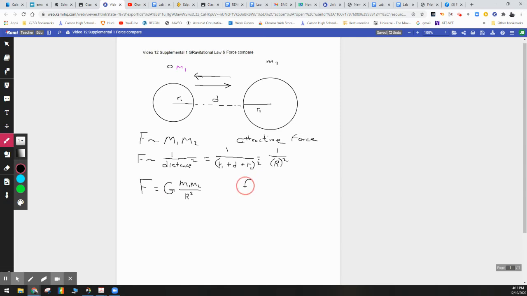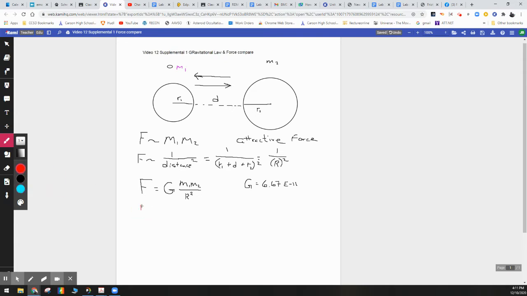Big G has a value of 6.67 e to the minus 11, and it does have some units. What are the units of G? If I want to find out, let's take a look.